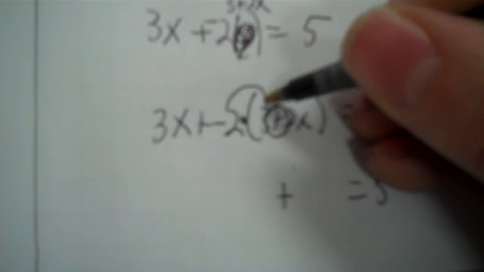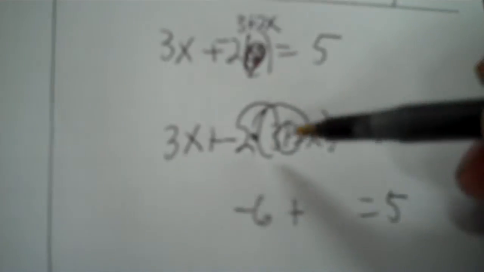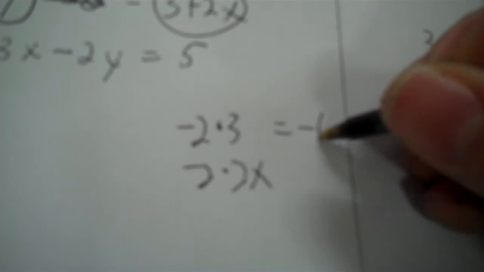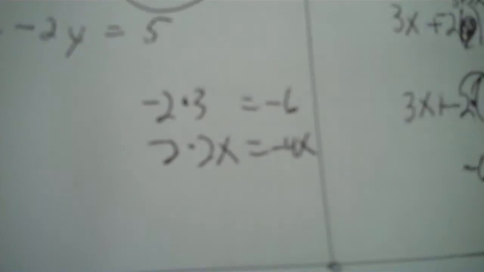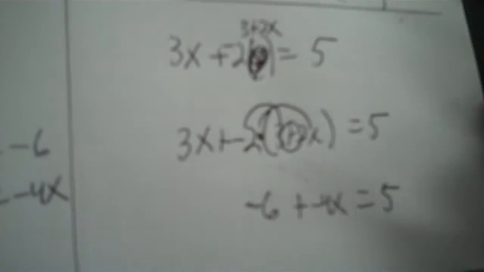So here is my plus. I drop that down. And I distribute -2 to 3 and -2 to 2x. So -2 times 3 is -6. Here, I'll show it. Okay. And then negative 2 times 2x is going to be negative 4x. It doesn't matter the order you write it, really, okay? But the x goes with the negative 4.